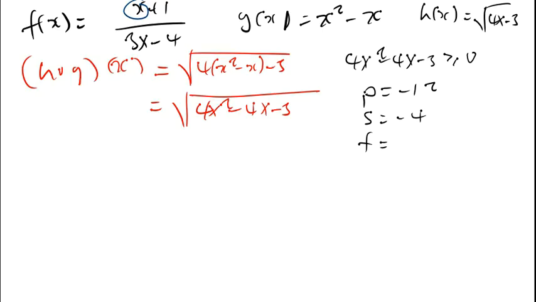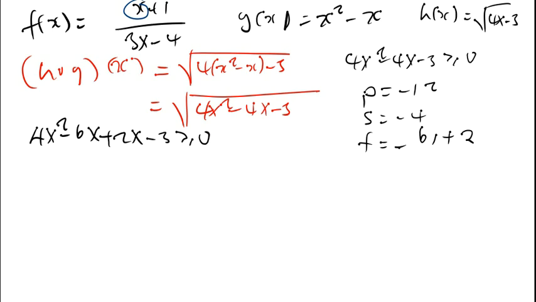So negative 6 and positive 2. 4x squared minus 6x plus 2x minus 3 greater than or equal to 0. Factor out 2x, I'll have 2x minus 3. Factor out 1, 2x minus 3 greater than or equal to 0.